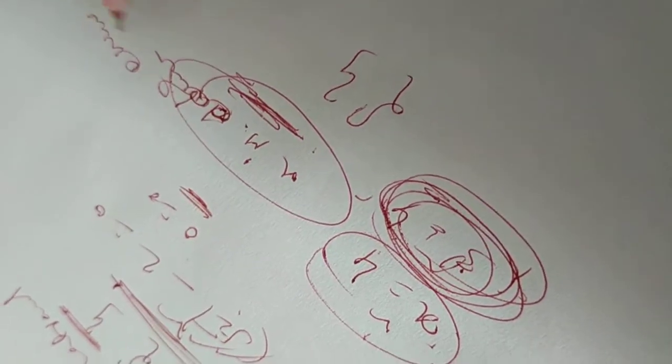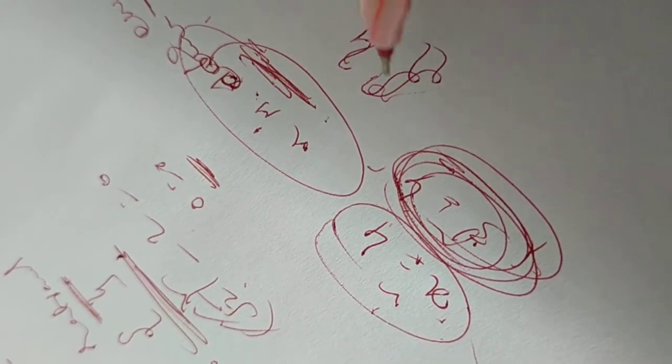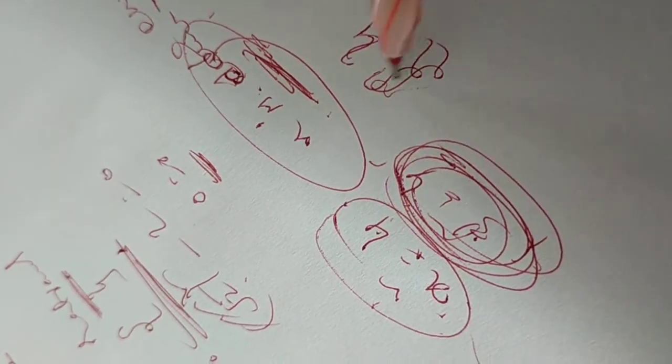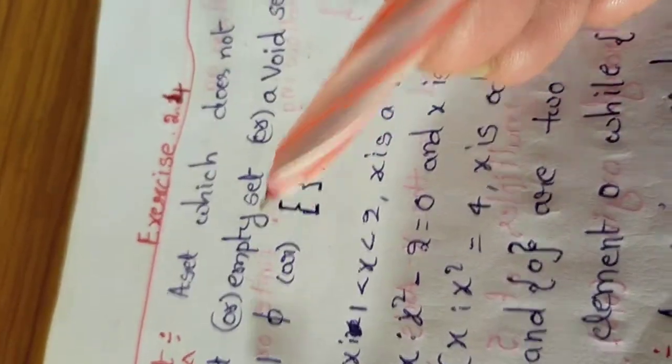If x is even, 2 square is 4, so it is not an empty set. A set with no elements is called a null set, empty set or void set.